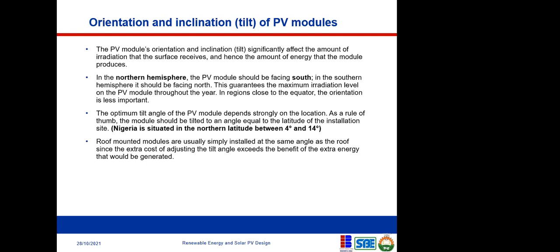So you just go ahead and install on the roof, irrespective of the tilt angle, but make sure the tilt angle is not vertical. That's why you see some solar installations on roofs; they just go with the roof angle. You cannot ask the owner to re-roof his house because you want to install solar panels. That's the exception I'm talking about.